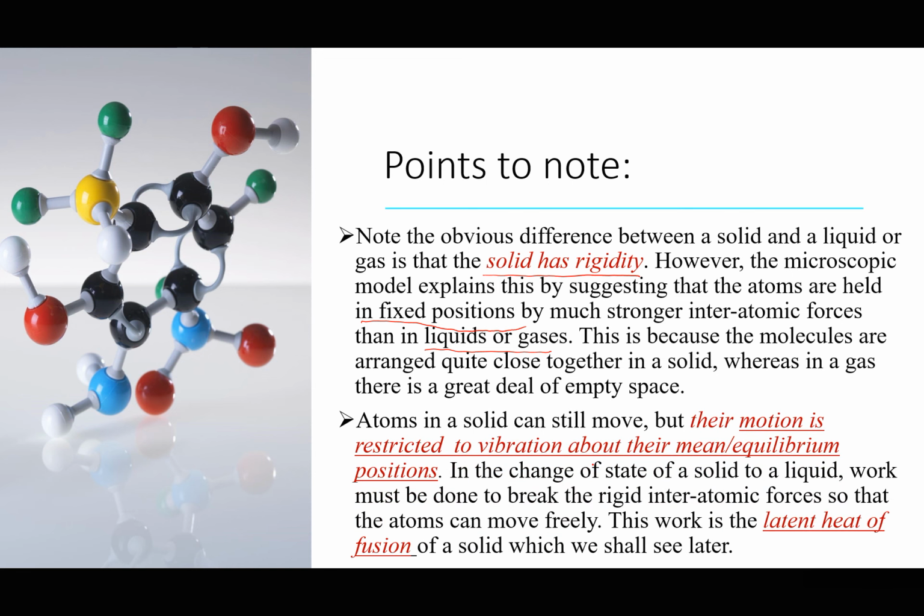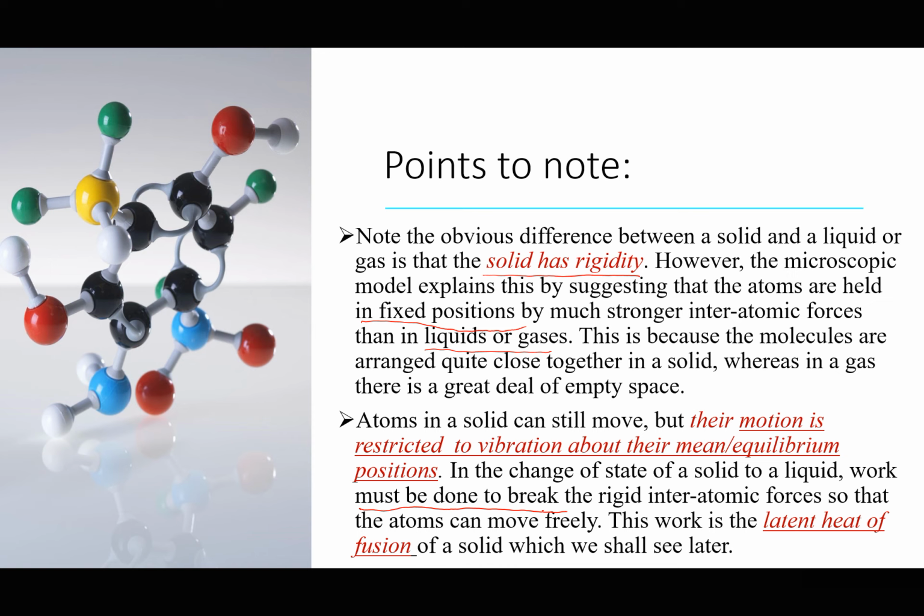Atoms in solids can still move, but we are saying in solids, their motion is restricted to vibration about their mean equilibrium position. But then, in the change of state of a solid to a liquid, work must be done. Where is this work going to be done? The work is going to be done to break the bonds which keep these atoms close to each other or tightly fixed to each other.